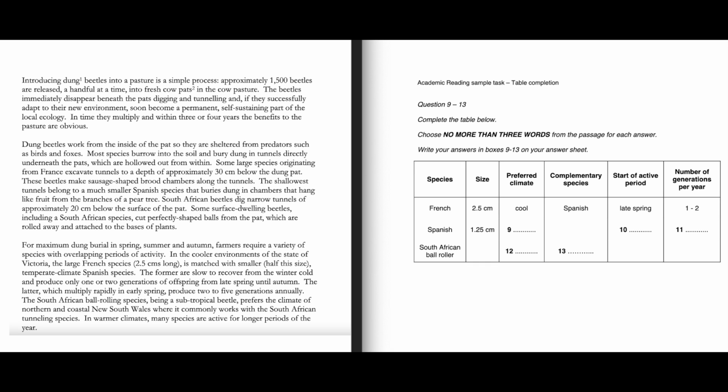Then the Spanish species are 1.25 centimeters long, which is again in the table, because they said the Spanish species are half the size of the French species. And then they said that the French species' preferred climate is cool. However, the preferred climate for the Spanish species is temperate. So the correct answer in this case would be temperate. The answer to question number 9 is temperate.